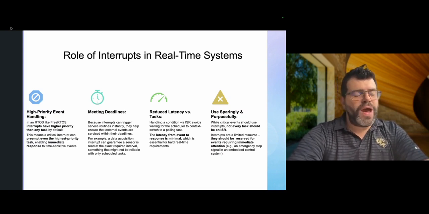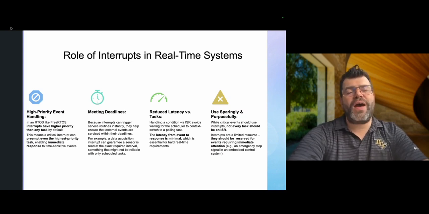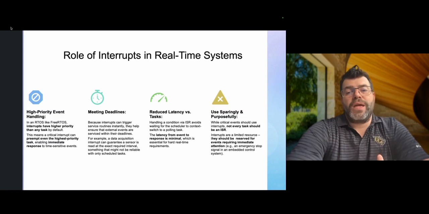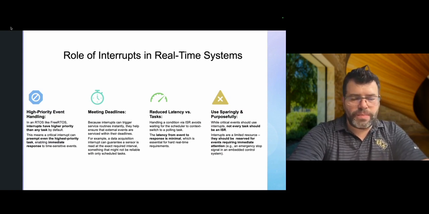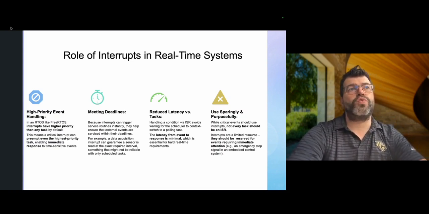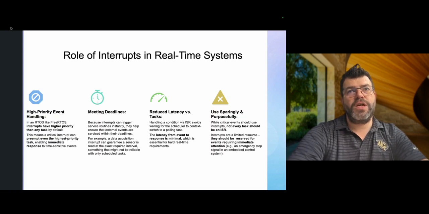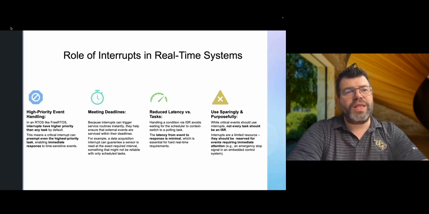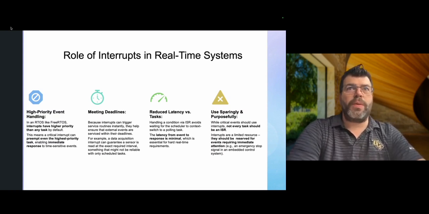Now, with that said, you cannot use them everywhere. You have to use them very purposefully, very sparingly. Everything cannot be an interrupt. If everything is an interrupt, you will not be able to reason about the overall system. You cannot have everything interrupt driven. The ability to forecast when events will happen is really hard, especially if interrupts interrupt one another.